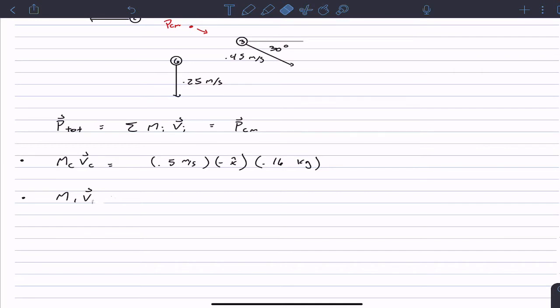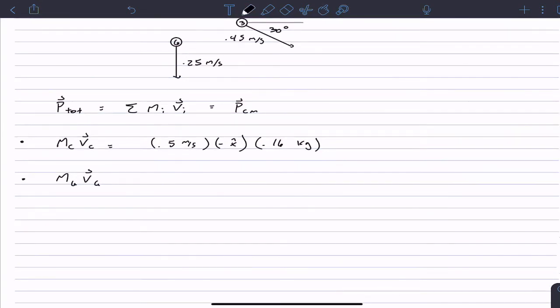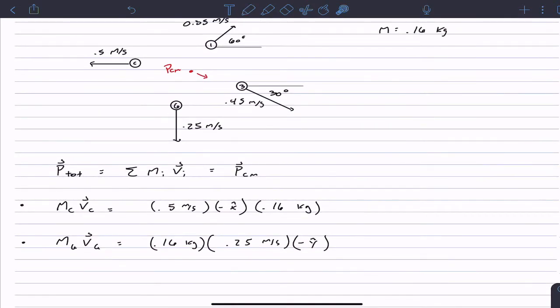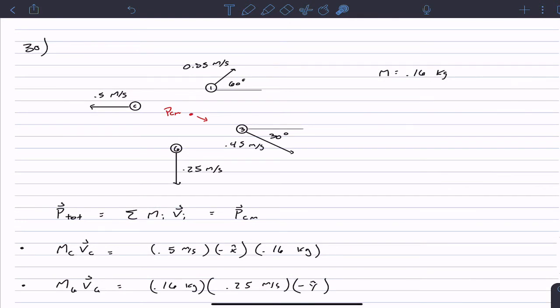Well, let's do 6 first. Ball number 6, which is here. So that's a little easier. So now we have 0.16 kilograms times 0.25 meters per second in the negative y hat direction. So those two are the most straightforward, right? This is just going in the negative x hat direction, and this is just going in the negative y hat direction.